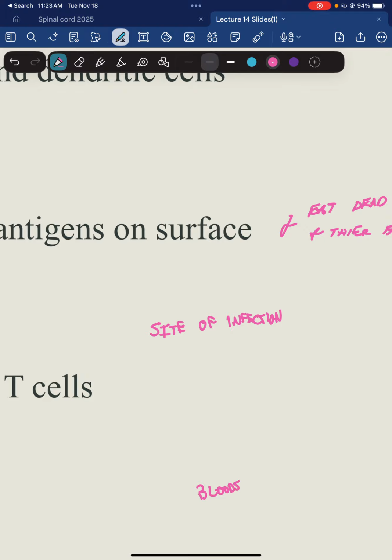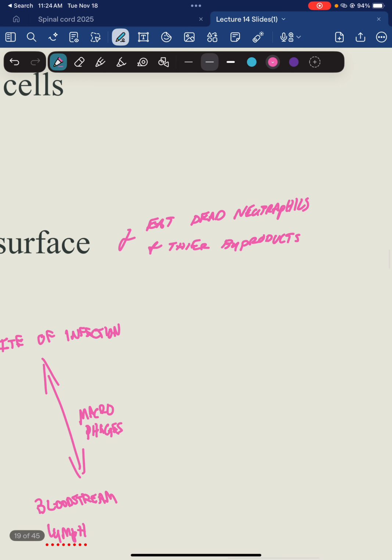And then we have nodes, lymph nodes. So this is really connected by your macrophages. They're out circulating around. We get some type of infection, let's call it on your hand, for example. They're going to go over to your hand. They're going to clean up whatever your neutrophils have destroyed, and then they're going to go into your lymph system and just drain out, essentially.